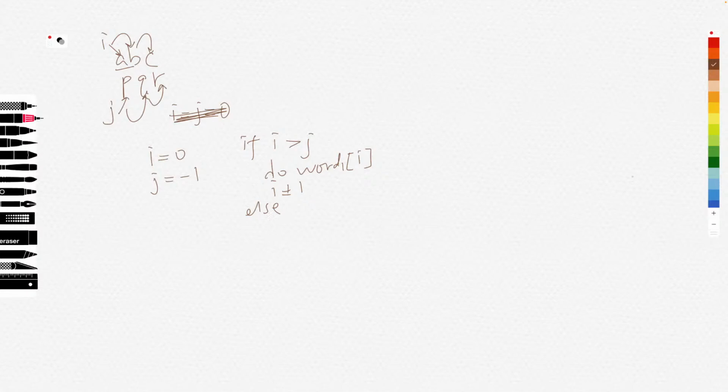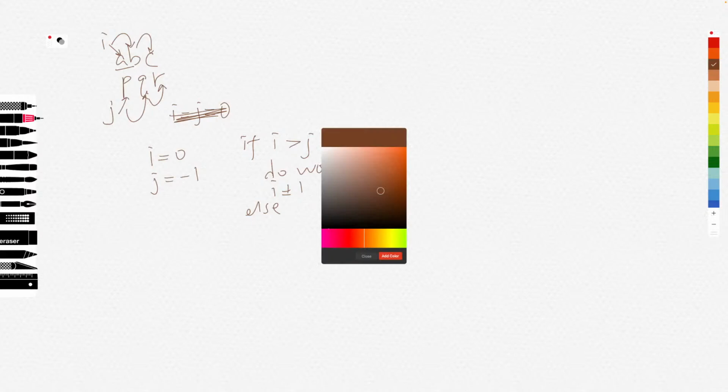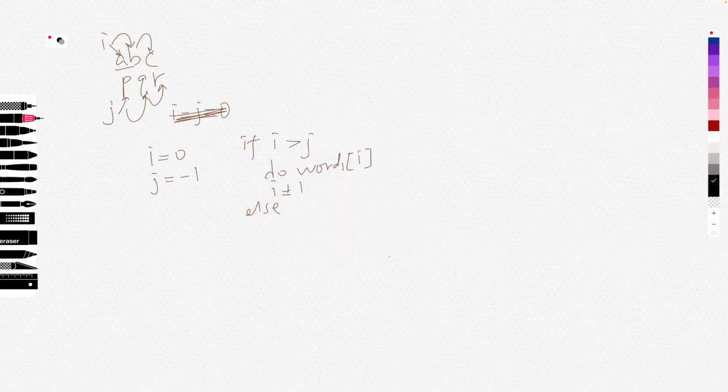Darker pen, hold on. I might be able to get a darker pen. Let's get a darker color. How about this? You know what? Maybe it'll be better if I use this. I'm not sure. This looks very thick.